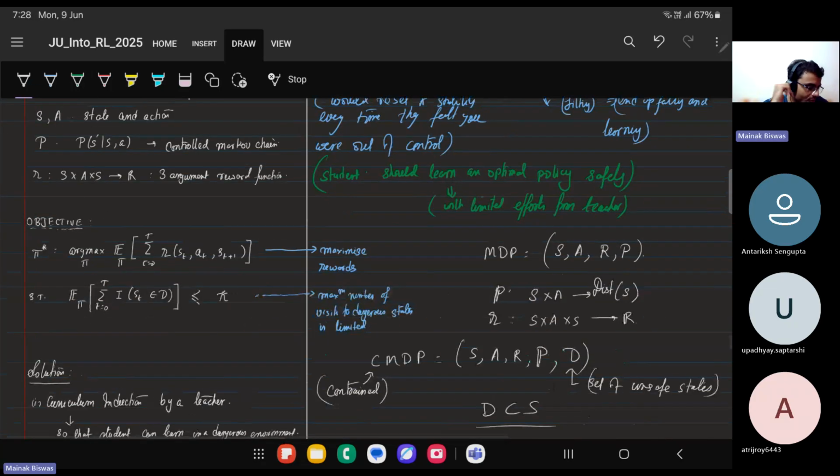So the objective of the student is to learn. Again, we have seen many RL algorithms; the objective is to maximize the reward.